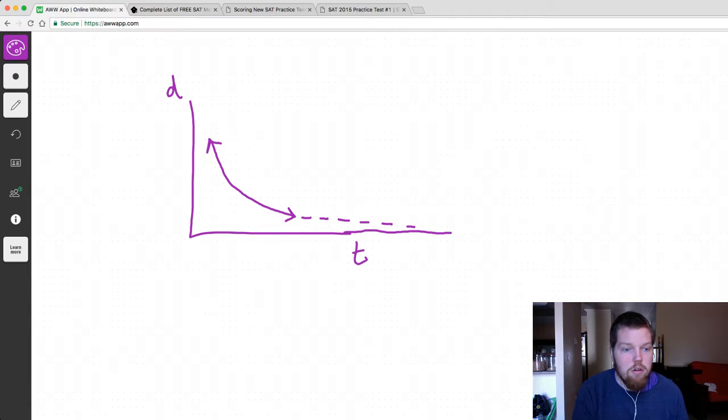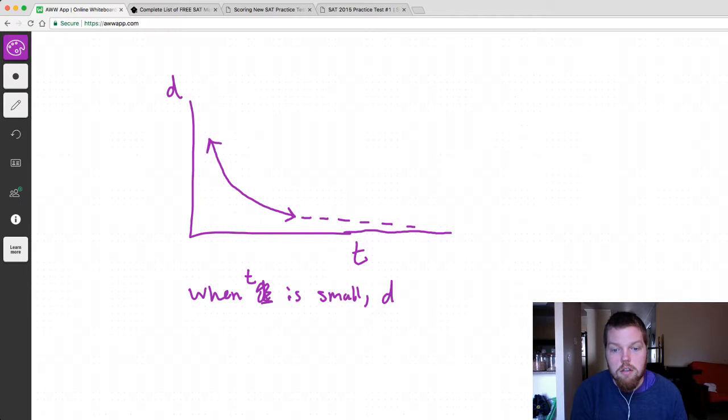So when t is small, d is large. And you can see that here. T is small here. It's quite a small value between 0 and where this is. And d is actually quite a bit further away there. We'll label that d1 and t1.